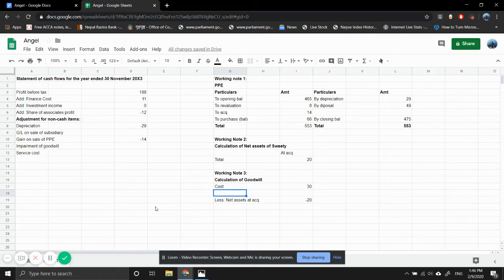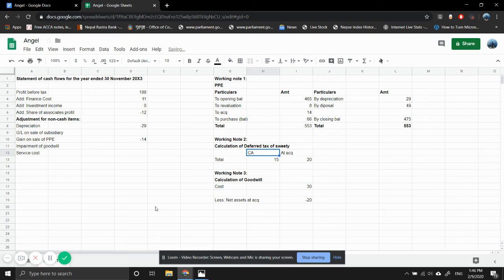And what we need to worry about here is the deferred tax as well. So calculation of deferred tax, Sweetie. Carrying amount was how much?